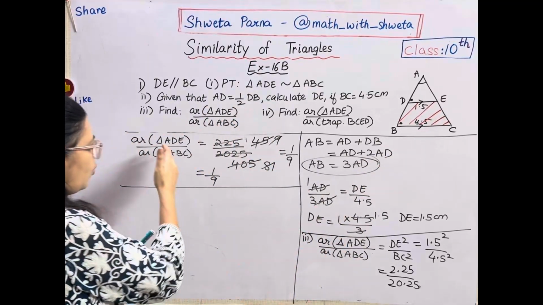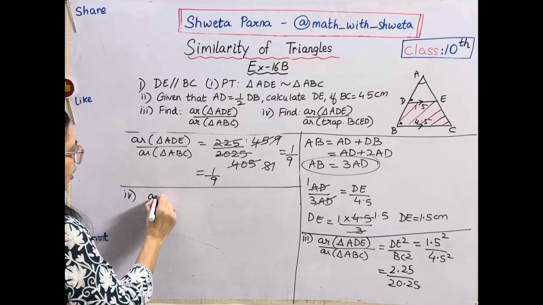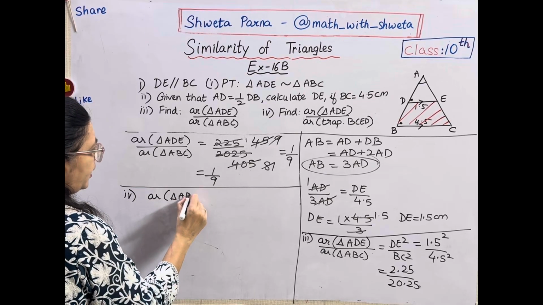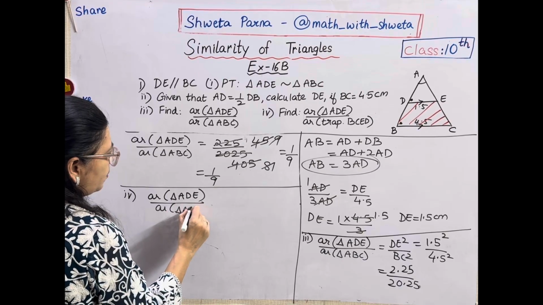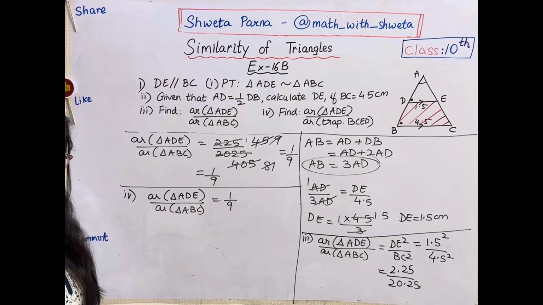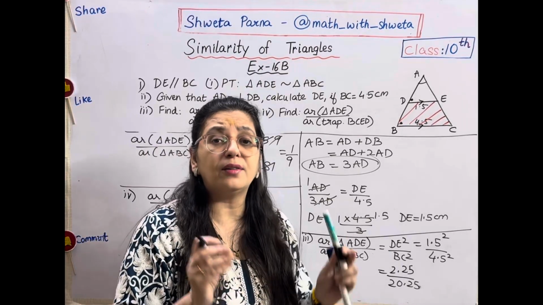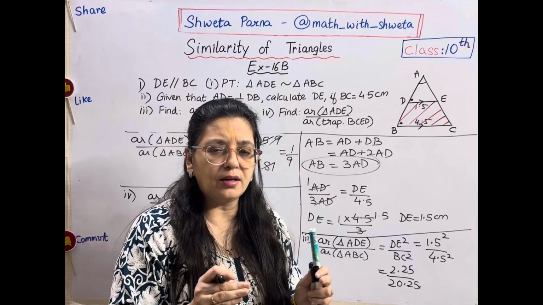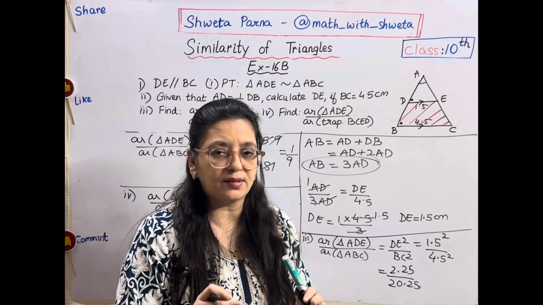Let's follow that. What information do you have first? Write it down, that area of triangle ADE upon area of triangle ABC is given. You got it as 1 upon 9. Now, a simple way I am teaching you: whenever you want to find the trapezium or a quadrilateral, you will do subtraction of 1 on both the sides.